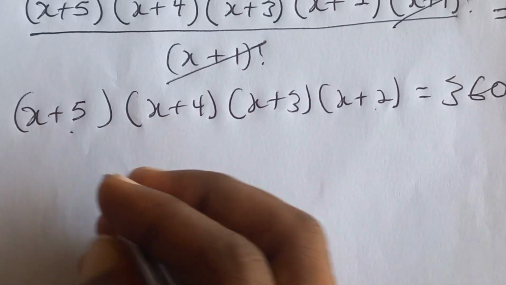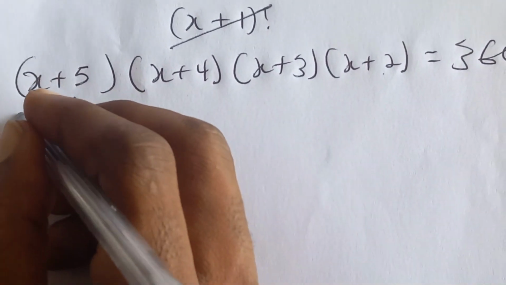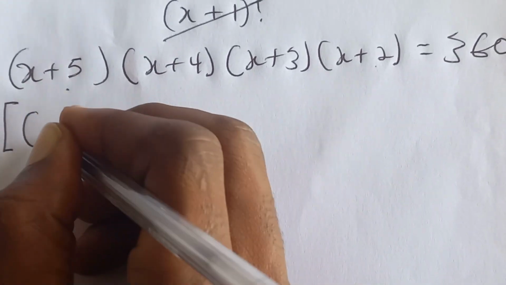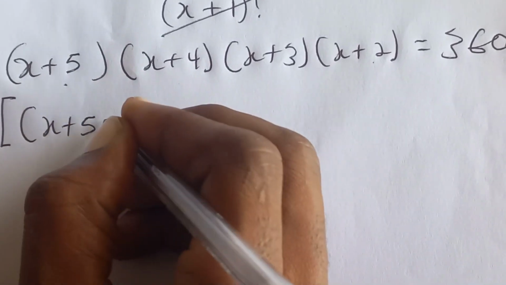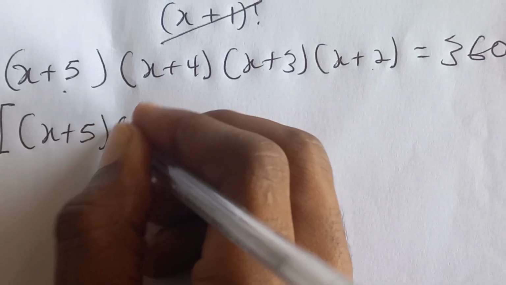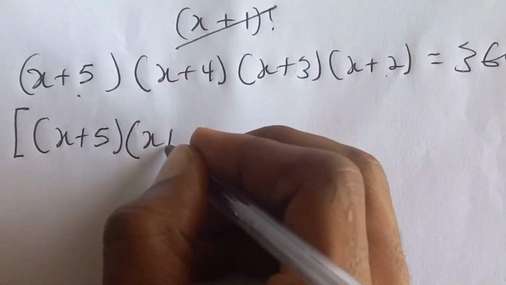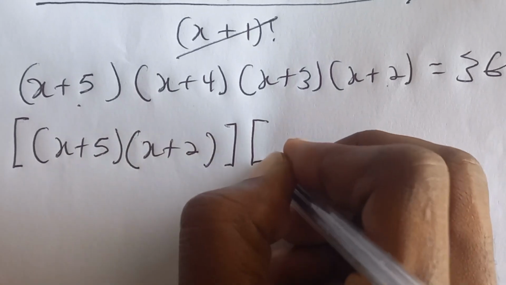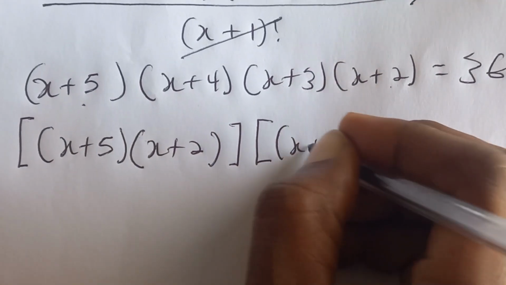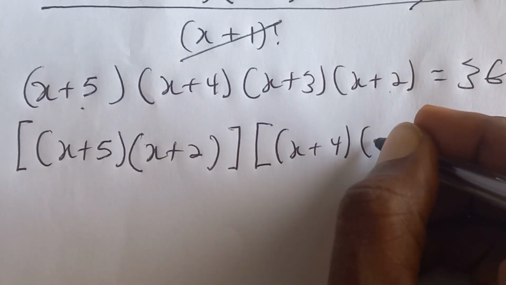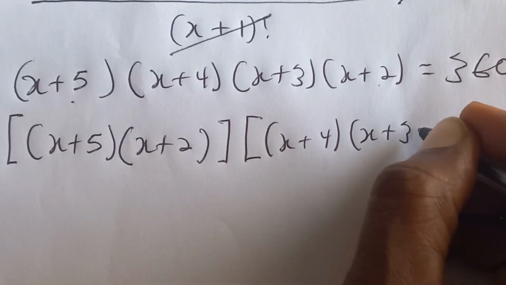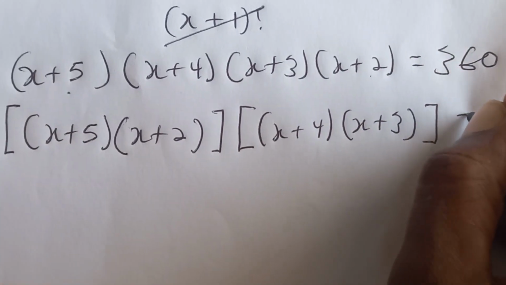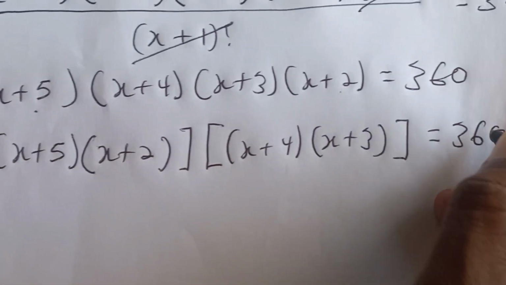So with this, we have (x+5)(x+2) multiplied by (x+4)(x+3), which is equal to 360.